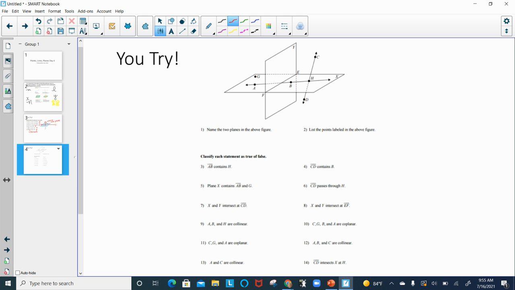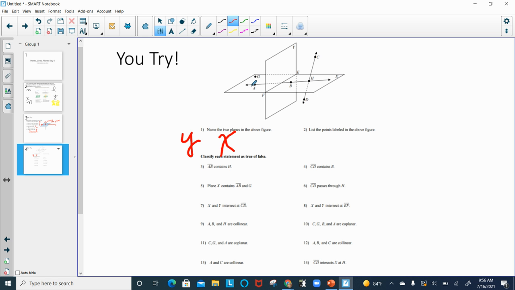Okay, so name the two planes in the above figure. Well, the easy way to name the planes is by using the script letter. But if you want to name the planes with 3 letters, remember that those 3 letters have to be on different lines.